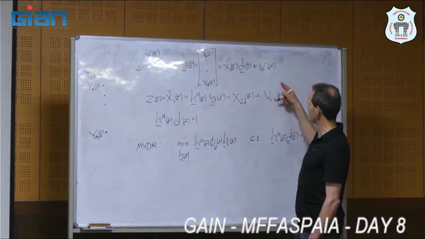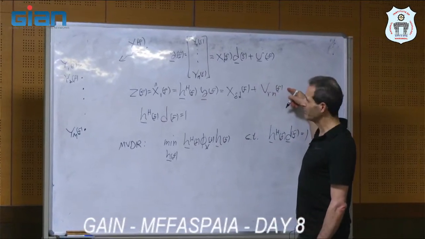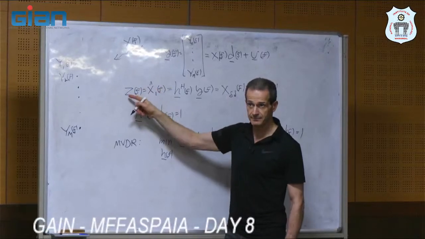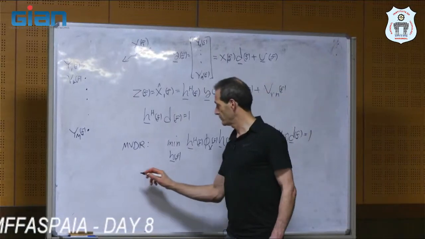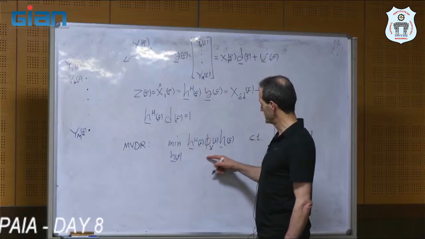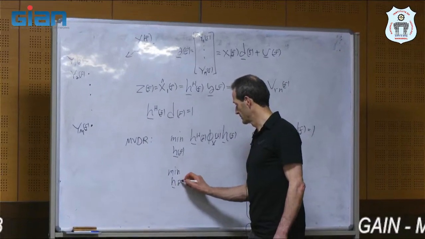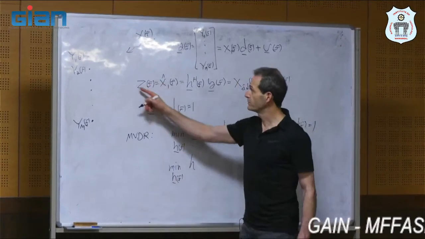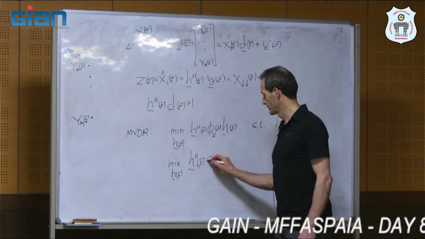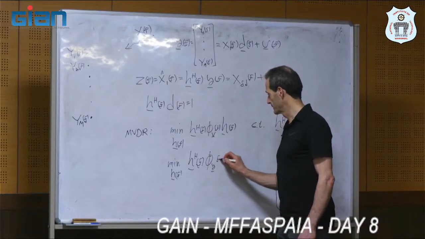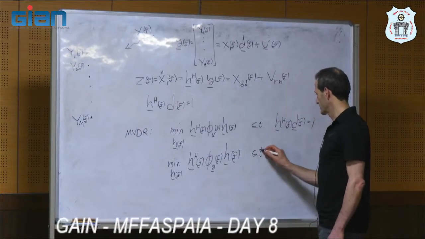Instead of minimizing the variance of the residual noise, we can minimize the variance of Z, which is H F phi Y H F, subject to the distortionless constraint.